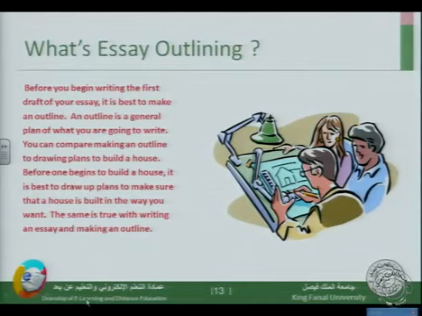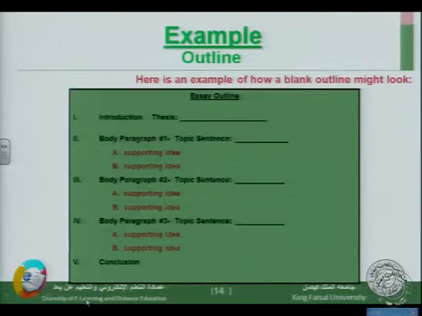Before one begins to build a house, it is best to draw up plans to make sure that the house is built in the way you want. The same thing with the essay. Here, for example, this is a sample of how we can outline our essay. This is a very simple example.